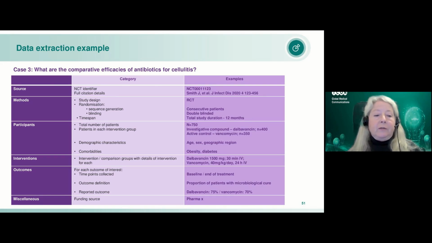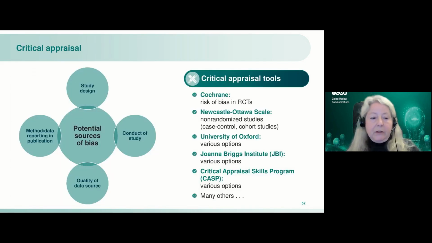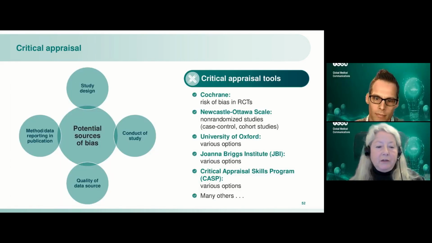For instance, this might be an open label extension of an earlier randomized controlled trial. So you want to reference that RCT. Also, you might want to make a note of any interim analyses that may have been released already as a conference presentation. So I'm now going to hand it back to Corey to discuss critical appraisal of the results.